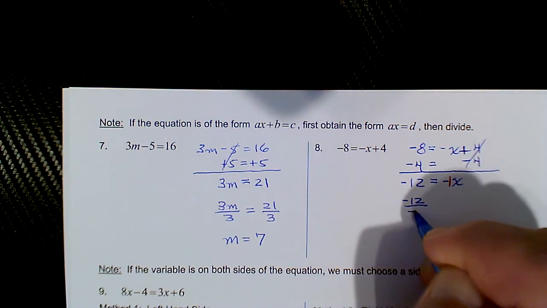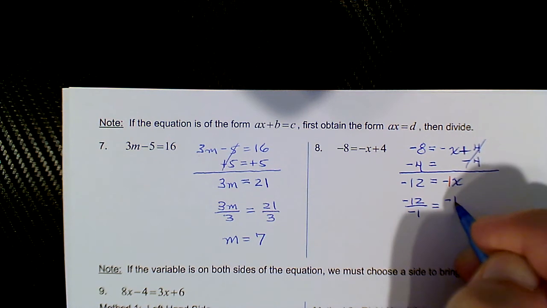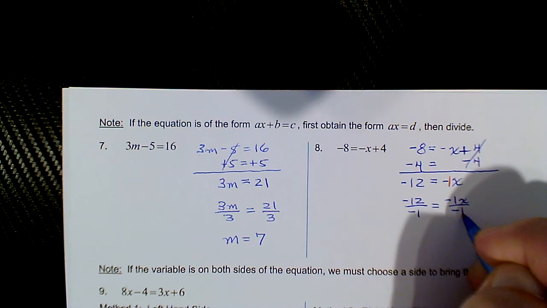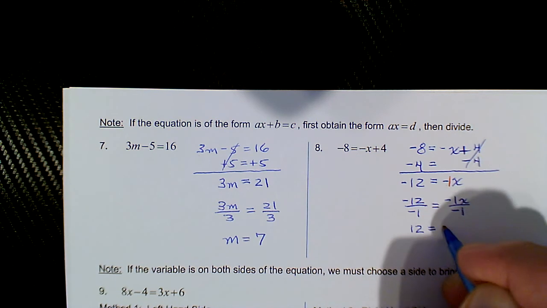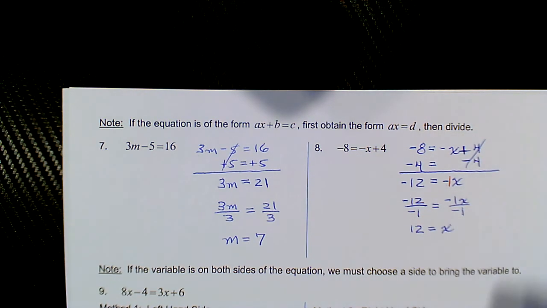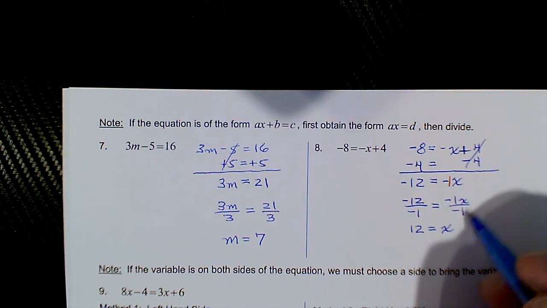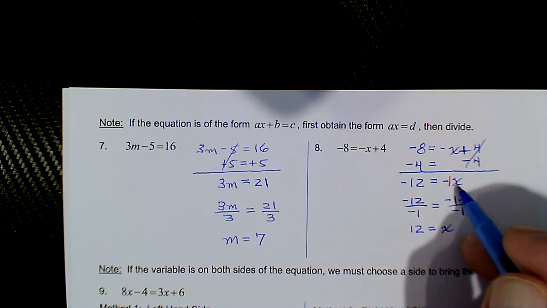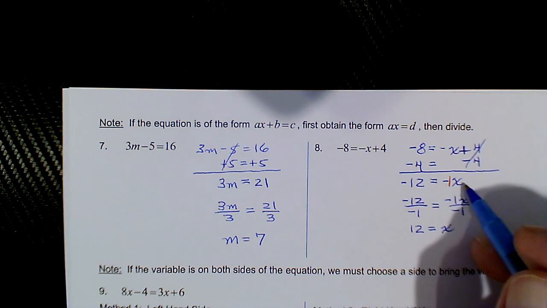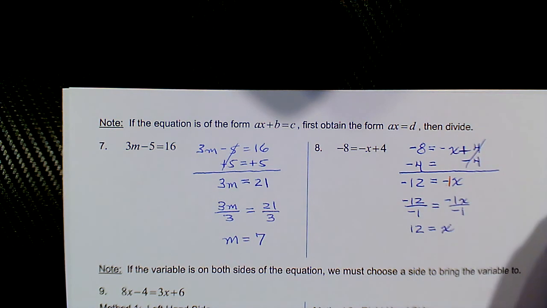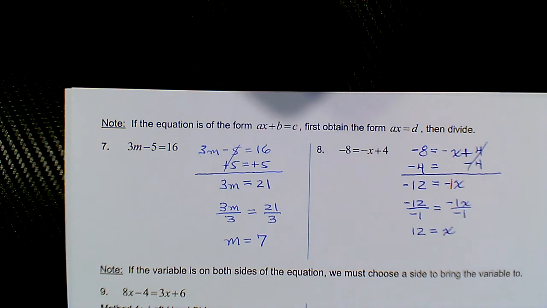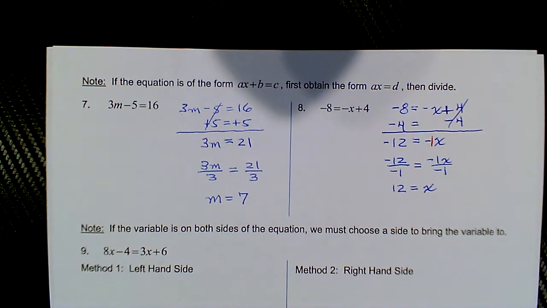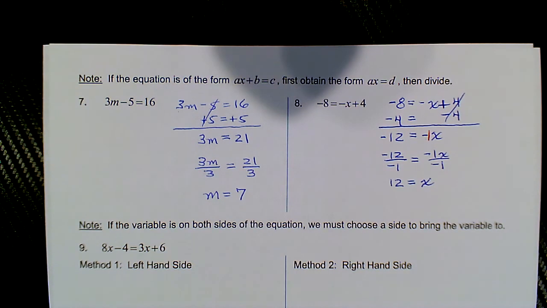So negative 12 gets divided by negative 1, and negative 1x gets divided by negative 1, and negative divided by negative is a positive, so x equals 12. Now, an equivalent way, instead of dividing by negative 1, you could actually multiply by negative 1. That'll get you to the same point. But we're so used to doing the divisions that I think I'll just leave it at that. So sliding that negative 1 in there if you want could be helpful.